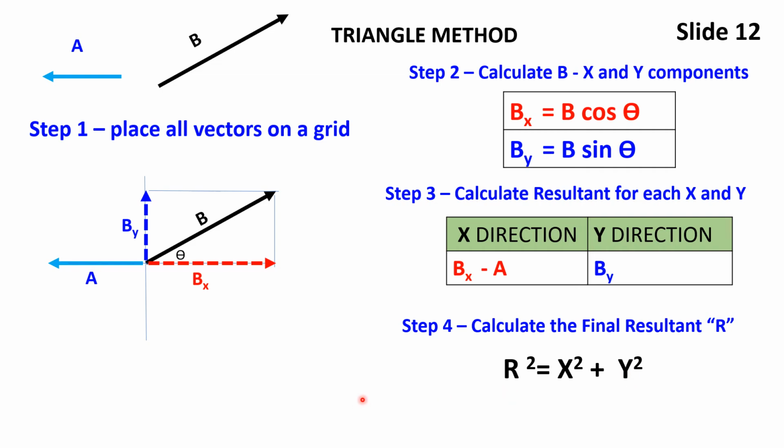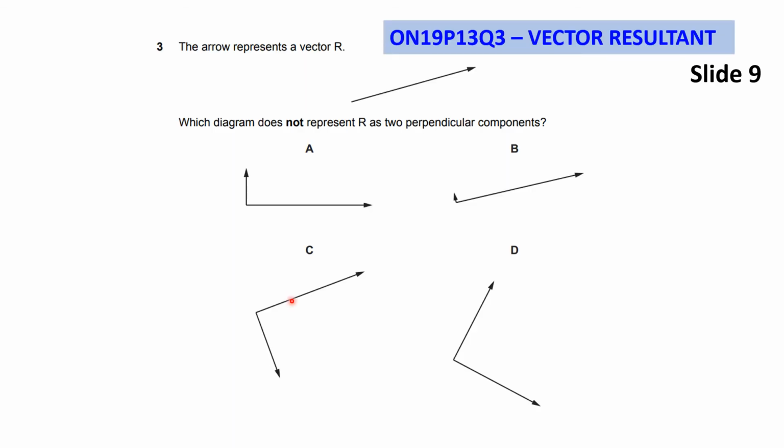These are the 4 steps to follow when we use the triangle method. One note here: I moved this slide, which was originally grouped with the tip-to-tail method, to the triangle method because it's easier to explain.